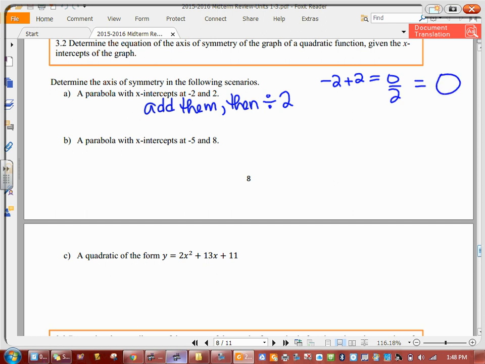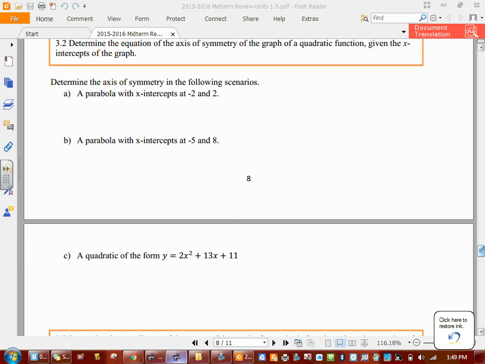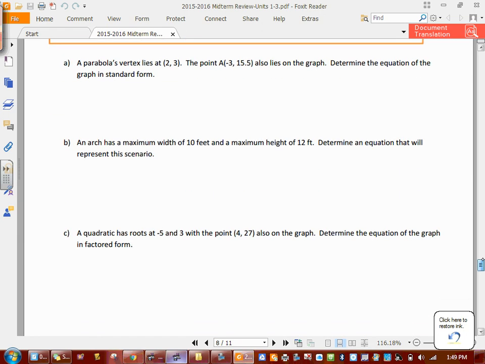Now we're going to move on to the vertex form. Vertex form is always written y equals a(x minus p) squared plus q. Now p and q could also be used as h and k. It depends on what you see in each question.